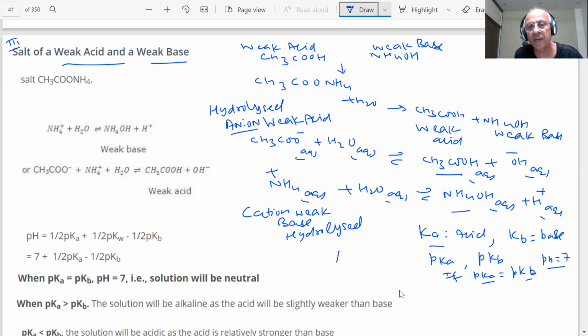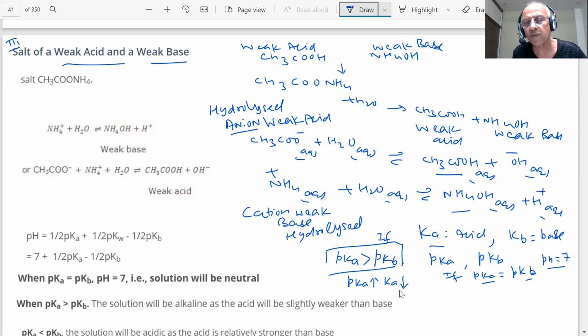If pKa is greater than pKb, the question is whether the solution will be acidic or alkaline. The solution will be basic. pKa more means a weaker acid, Ka less.